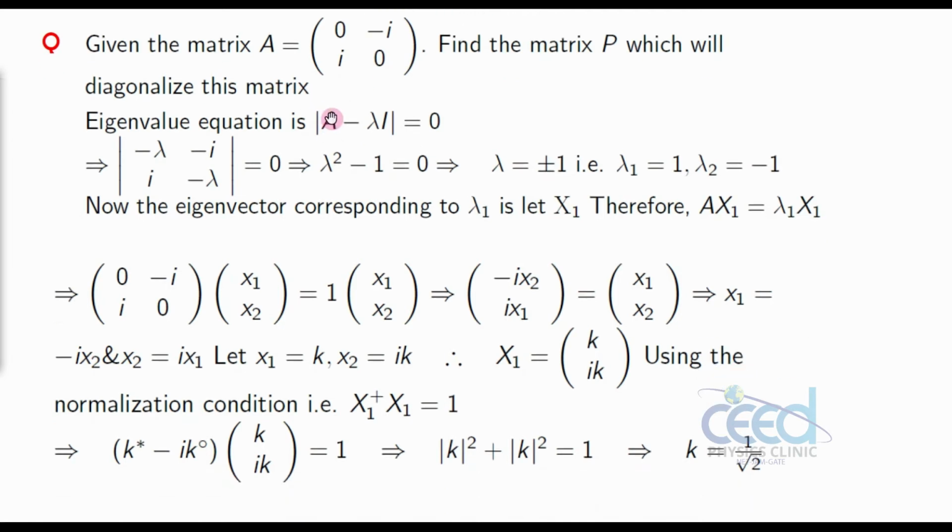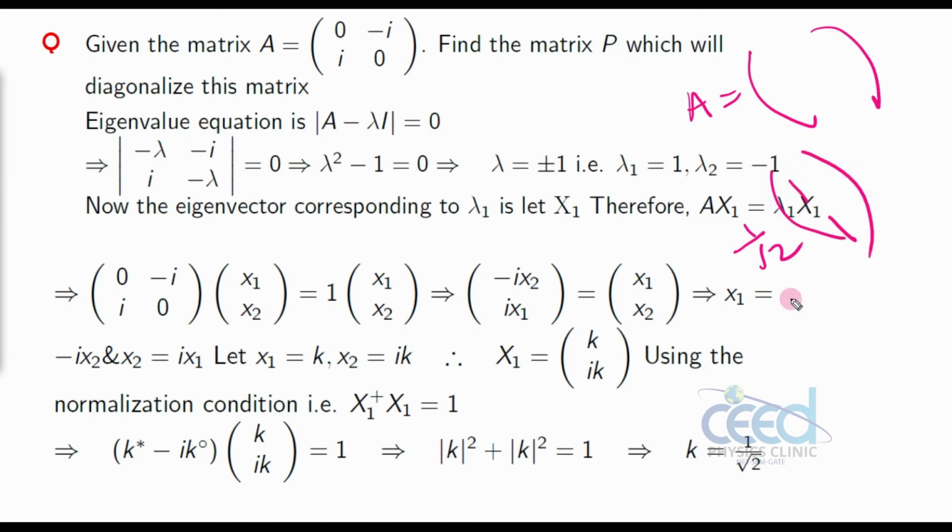Diagonalizing a matrix means, suppose you have a matrix A and its eigenvectors, as in the previous case, are 1 by root 2 into 1 1 and 1 by root 5 into minus 2 1.